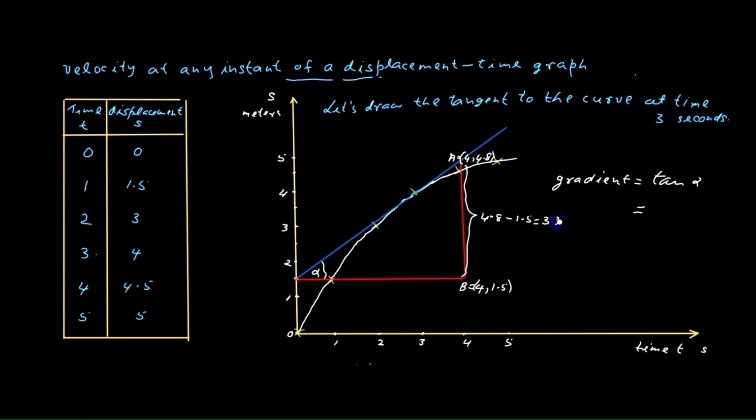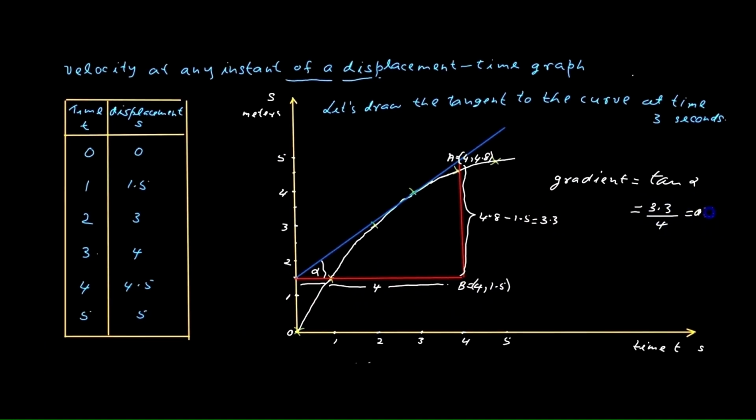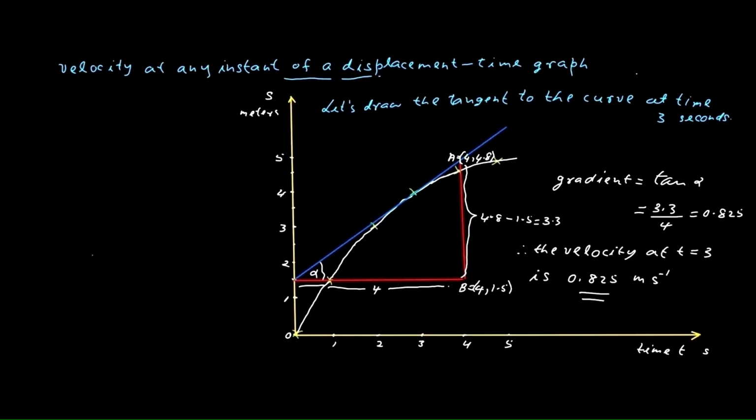Horizontal side is equal to 4 seconds. The gradient equals 0.825 meters per second, which is the velocity at time 3 seconds.